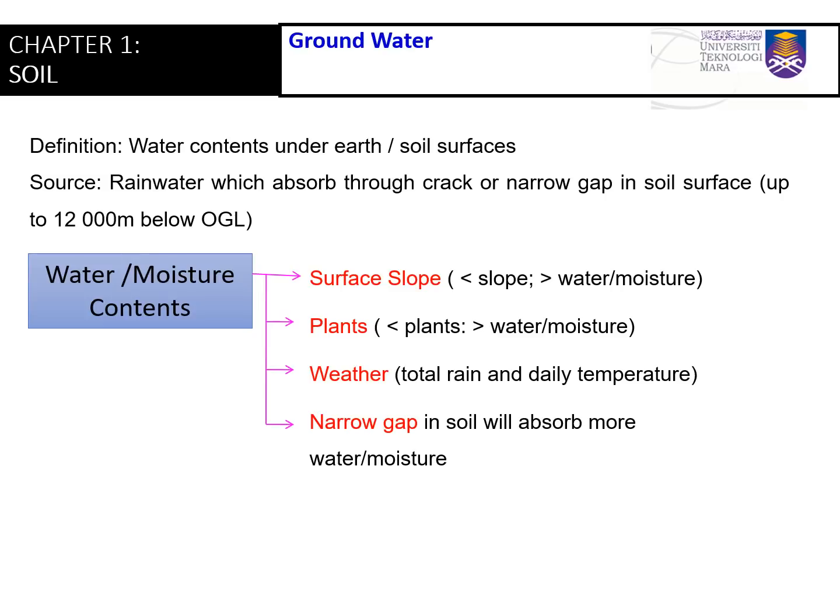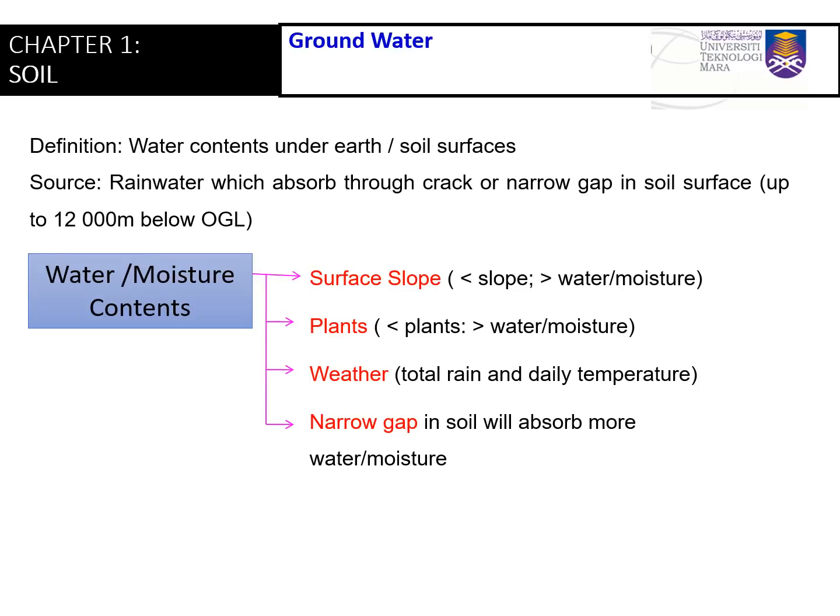When it rains, it's like protection, like you use an umbrella. It actually protects the surface from having too much water. So the lesser the plants, the more water you will have in your soil.